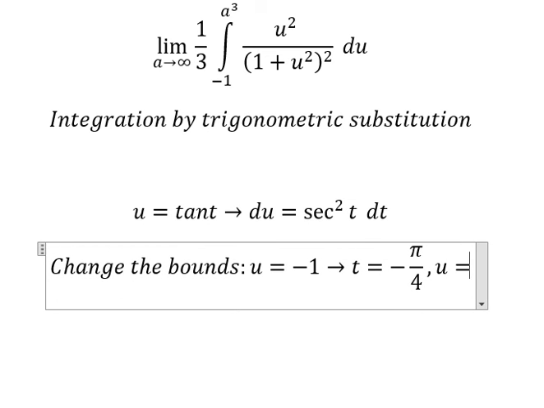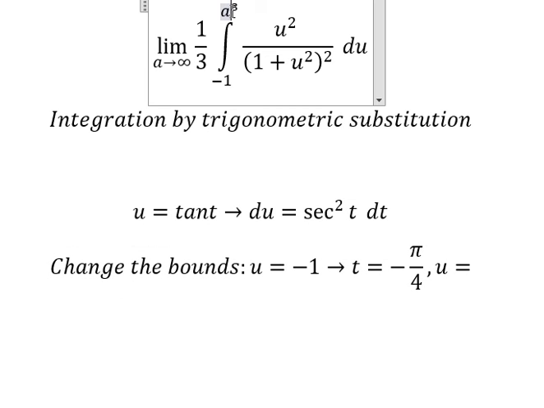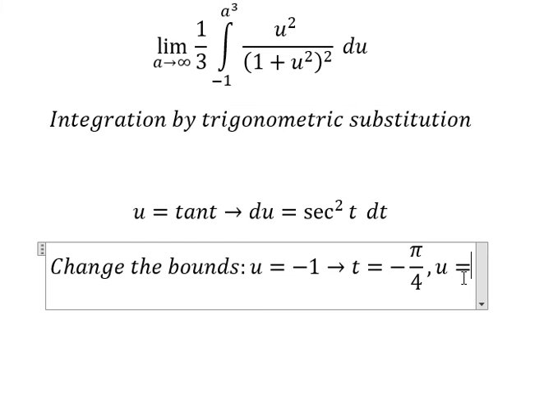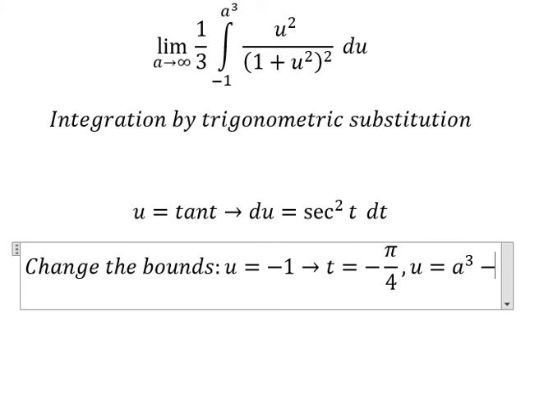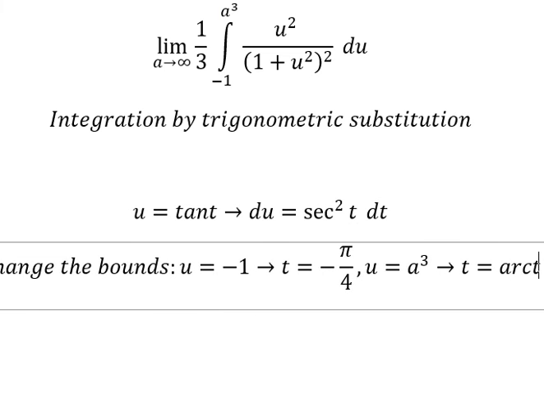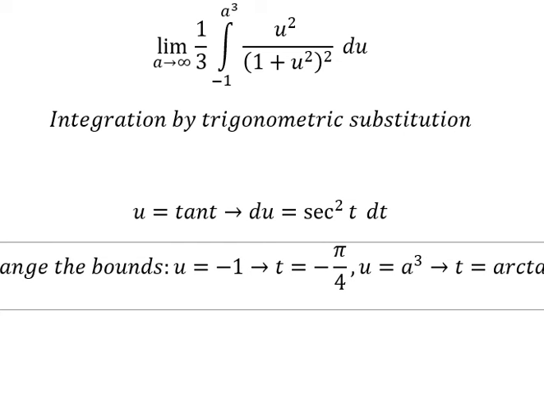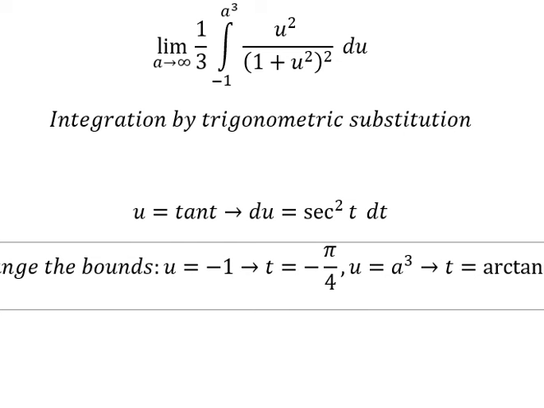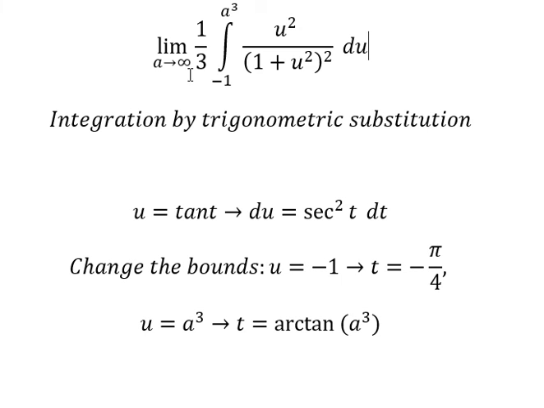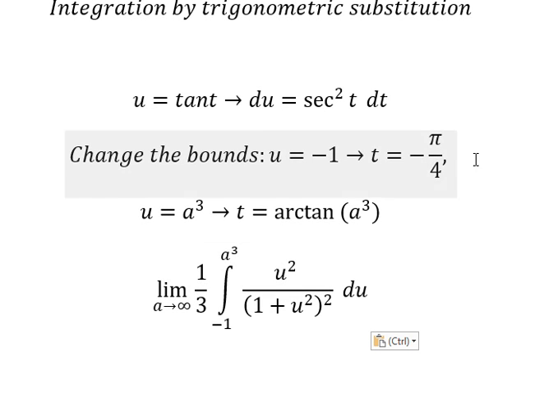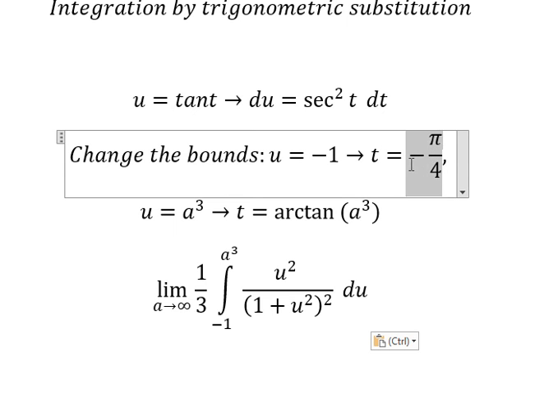When u equals 8 to the power of 3, we put this one here, and we have t equals arctan of 8 to the power of 3. So negative 1 we change by negative pi over 4.